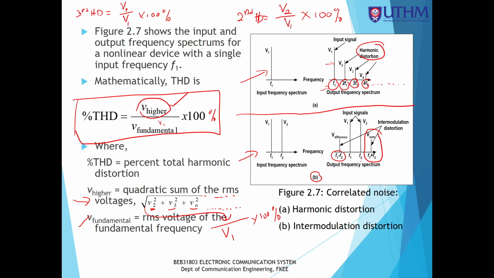For your information, in a practical system, in the real scenario, there are actually more harmonics over here, many small harmonics. But the main harmonics that we want to consider here are the sum and difference, because sum and difference have a bit higher voltage amplitude compared to the rest of the harmonics.